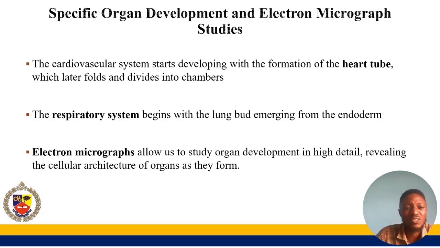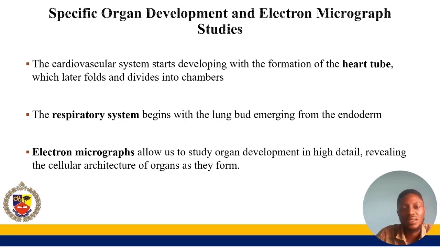So let's look at specific organ development and electron micrographs. Here we are going to bring out how each organ develops into what we see as full-grown organs now. But we won't really be going deeper since it's just an introduction to the course.